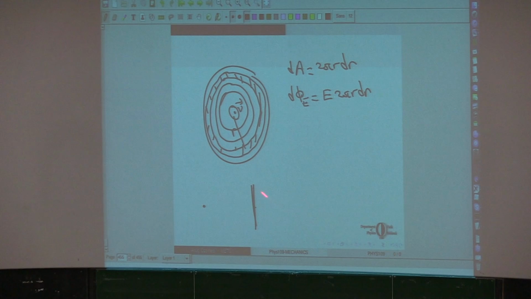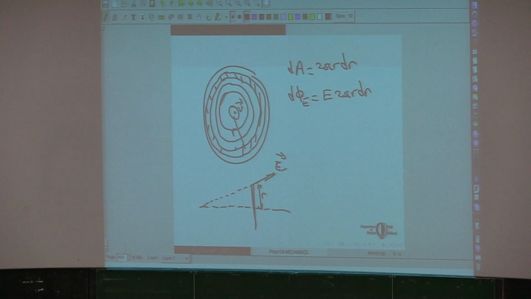Now, I'm just considering this is my ring. This is my charged object. This is the path of that object. This is R. Now, this is the electric field. The electric field on this ring is pointing in this direction. Now remember, the flux is E times the area vector.